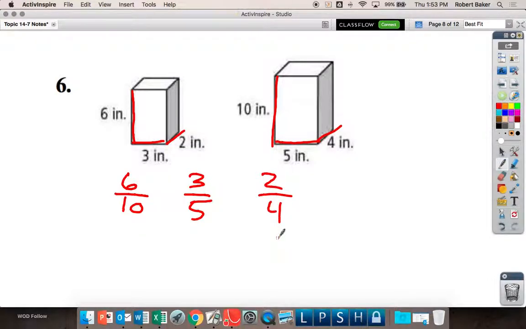Are all of those the same fraction? Well, this one simplifies down to 3 over 5. That one is 3 over 5. And this one simplifies down to, are all the scale factors the same? No, so those shapes are not related.